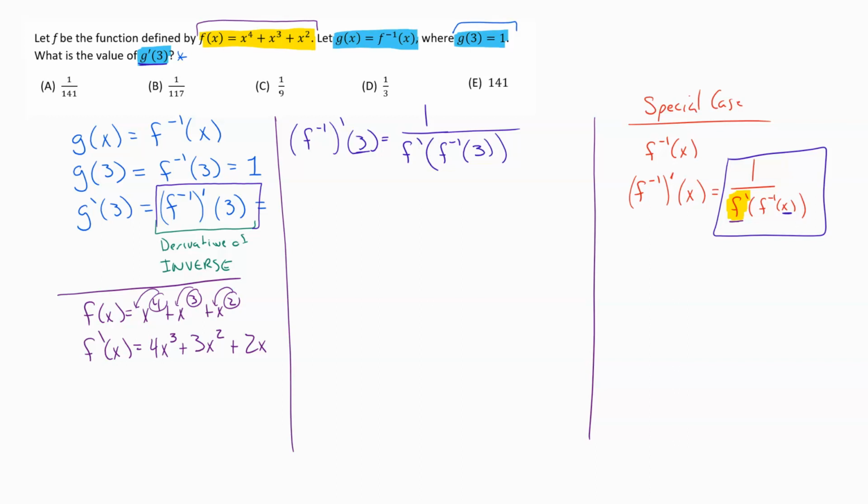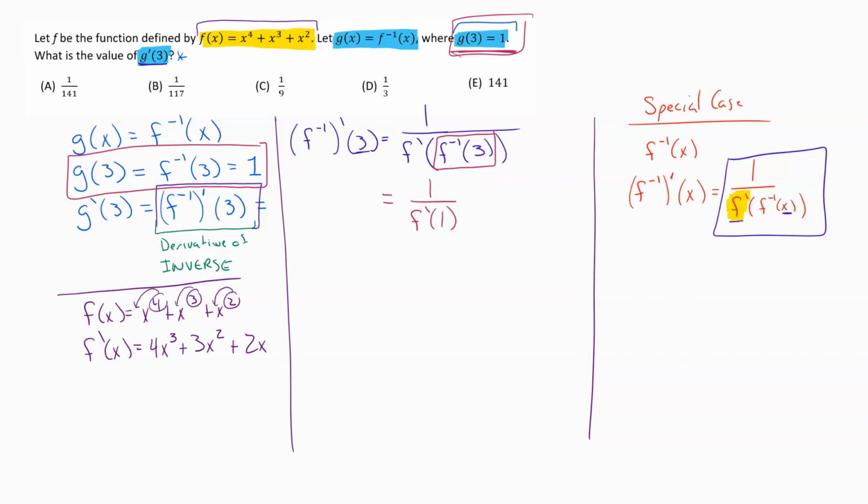That's pretty much it, except for plugging in some numbers. What is the inverse at 3? Remember, that's what they gave us, where they quietly call it g, but it's really the inverse of our f equation. So we can replace that with what we know that value is. This is really f prime of 1, because the inverse value at 3 was equal to 1.